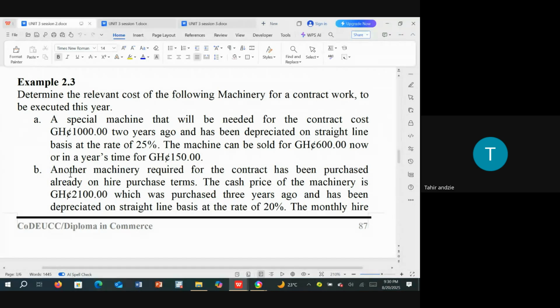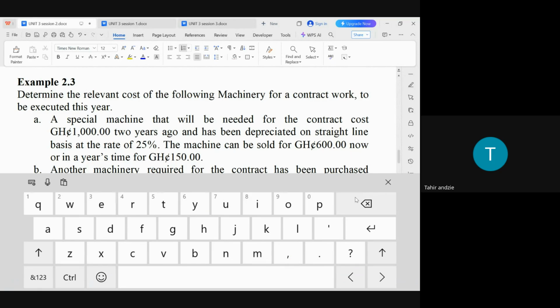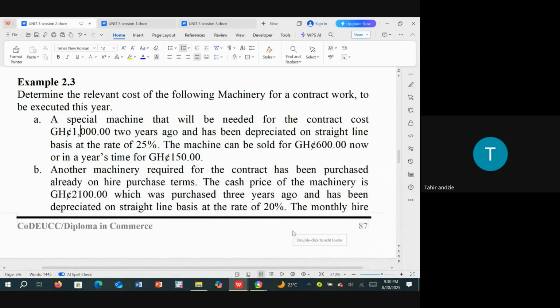It cost 1,000 cedis 2 years ago, and has been depreciated on straight line basis at the rate of 25%. The machine can be sold for 600 now, or in a year's time for 150. So it can be sold now when we are coming to use it for a particular decision, or be sold in a year's time after the production at 150.